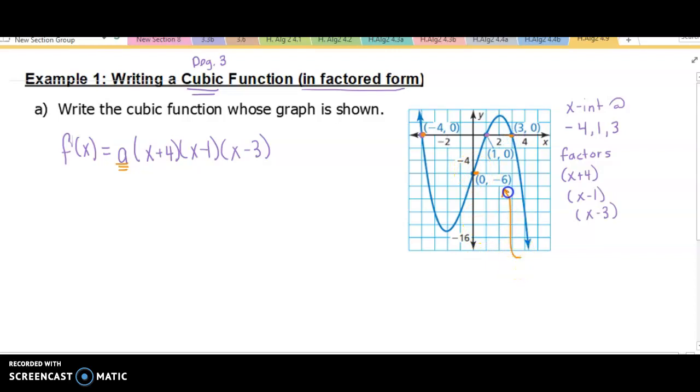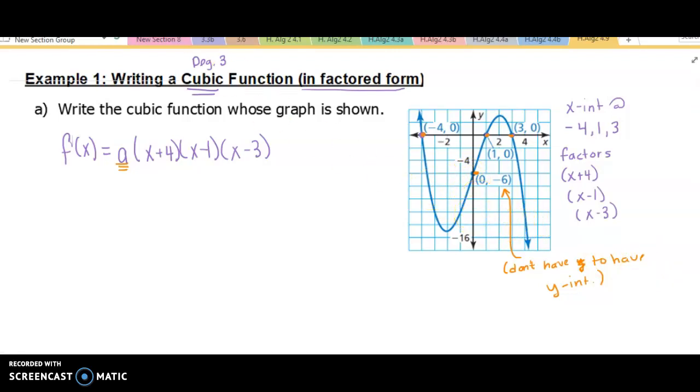I just want to note that we don't have to have the y-intercept. Any other point on this graph other than the x-intercepts will work. It makes our life easier if we have the y-intercept, but any other point would work.